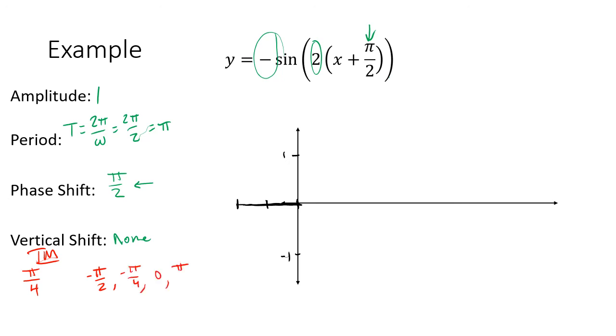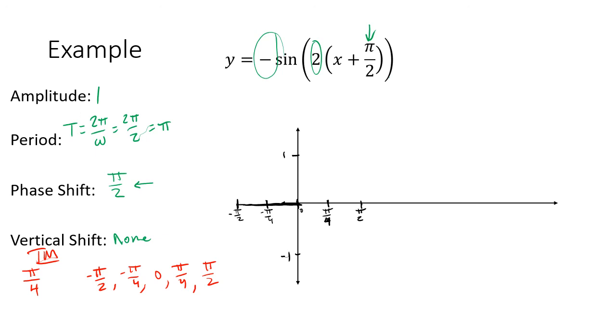Add pi over 4, we have pi over 4. Add pi over 4 to that, we have a positive pi over 2. So that means our next one would be about right here, and then right here. And then if we label that, we'll have negative pi over 2, negative pi over 4, obviously 0, pi over 4, and then pi over 2.